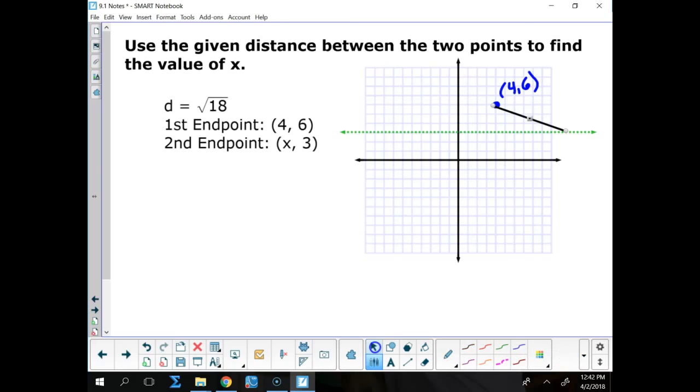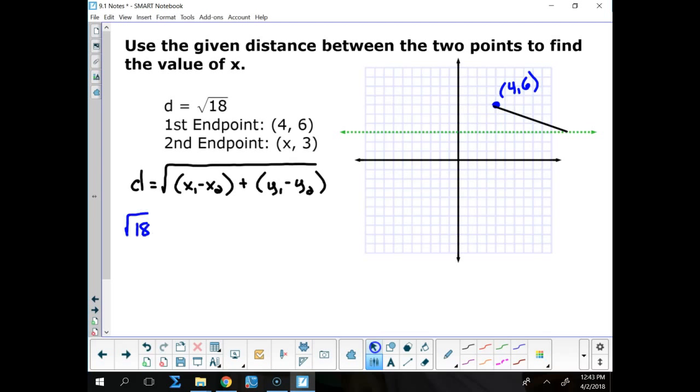Well, we start with our distance formula. And then we fill in what we know. I know that the distance is the square root of 18. I know that my first x, or x sub 1, is what I'm looking for.